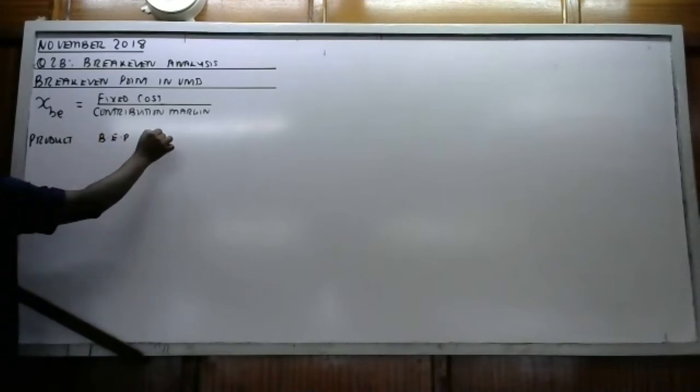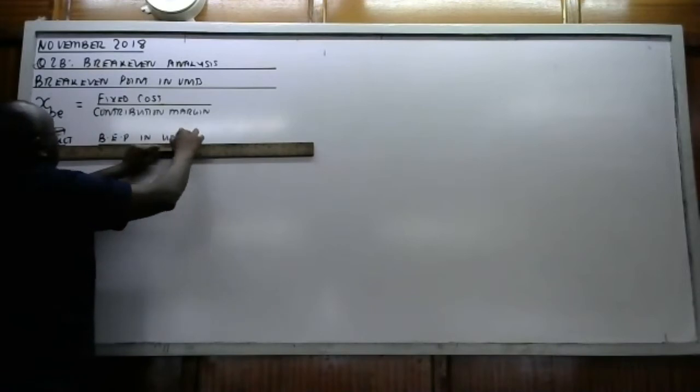So if you come to MECO, I have the product here, and then the break-even point in units. I start with MECO.